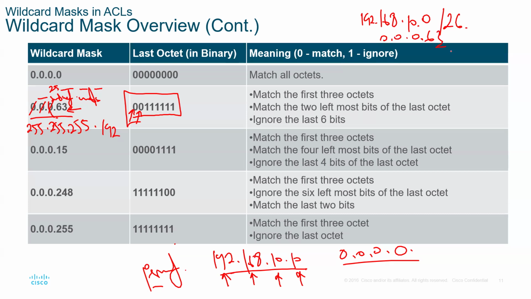Why? Because I subtract from 255.255.255.255 the subnet mask, which is 255.255.255.192. Basically, that's how you get the wildcard mask: you just subtract from quad 255 the subnet mask of the network you are trying to permit or deny.